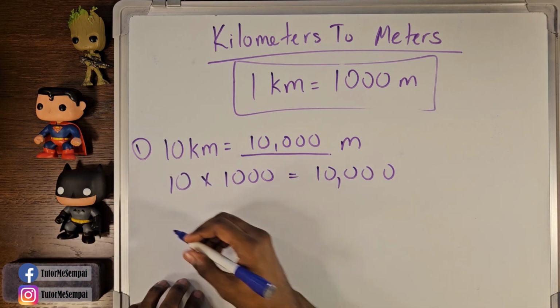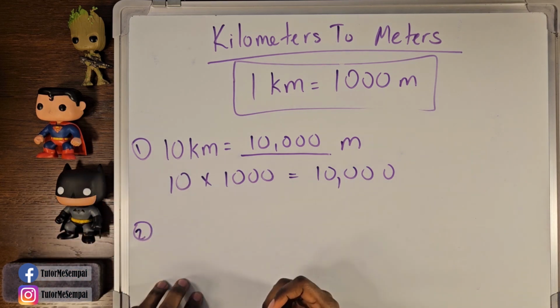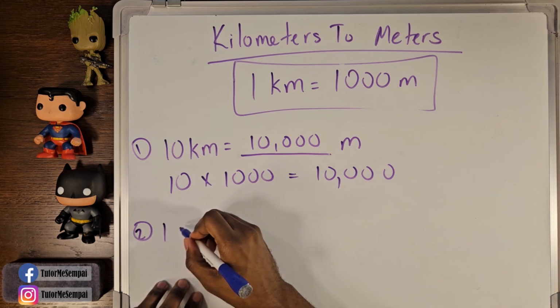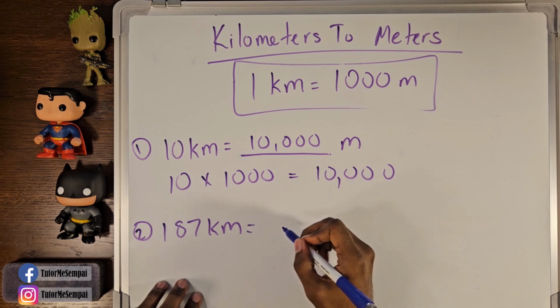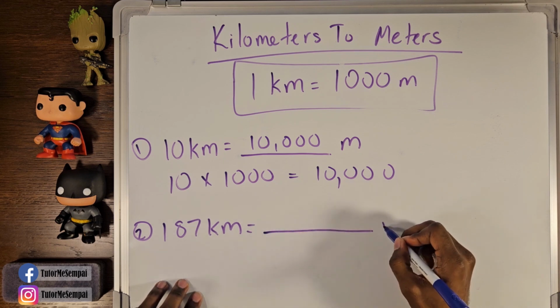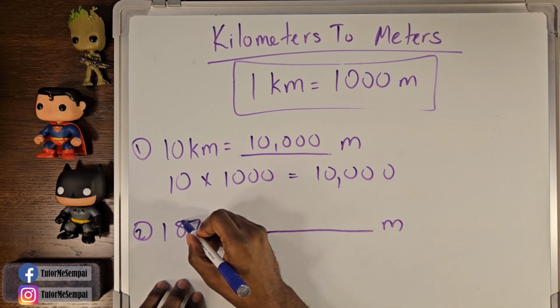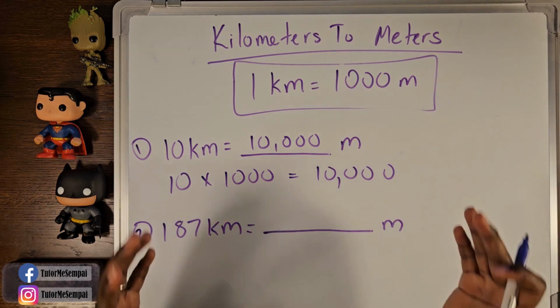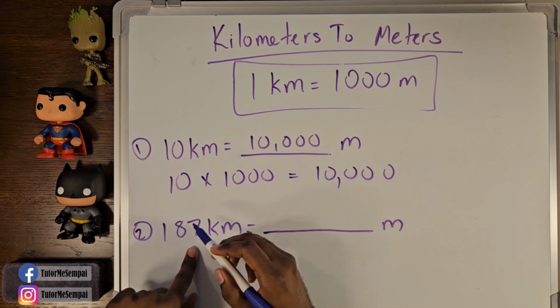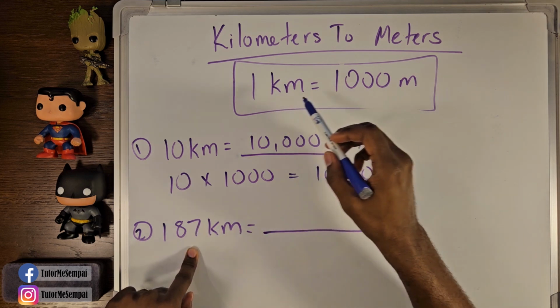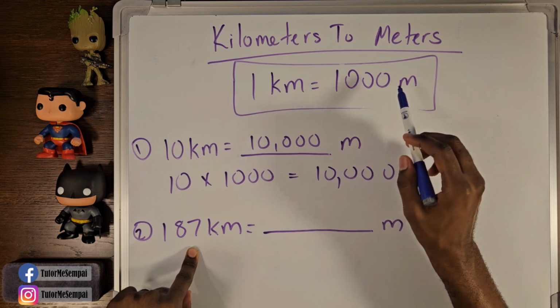Let's look at another example. So instead of 10 kilometers, let's say we have a bit more. We have 187 kilometers. And we want to know how many meters we have when we have 187 kilometers. Well, the work is going to be exactly the same. This is how many we have, but that's the conversion rate. And each kilometer is going to be 1,000 meters.